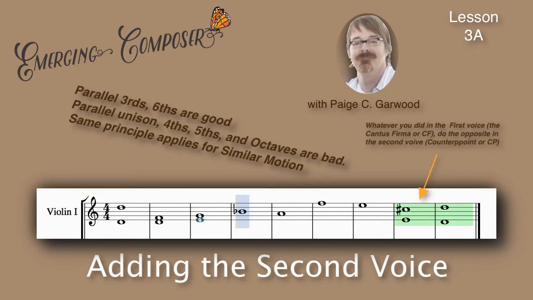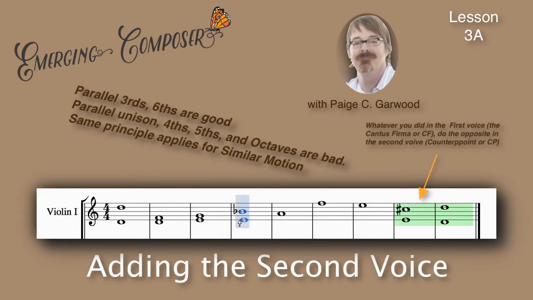Now, our next note, we went to a B flat here. What do I want to do here? Well, I could keep an E, but now E and B flat, that's a tritone. And right now I want to avoid dissonance. I want thirds, fifths, and sixths.